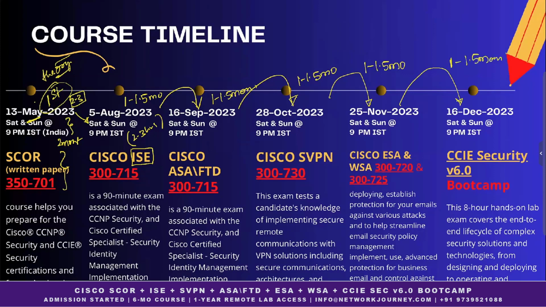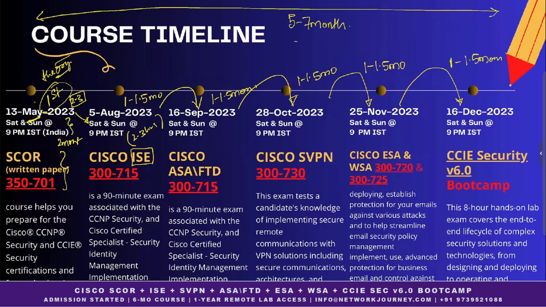So altogether, starting with core till the CCIE, it will easily take 5 to 7 months for completion. But don't worry, we will give you the lab access for a complete 1 year.